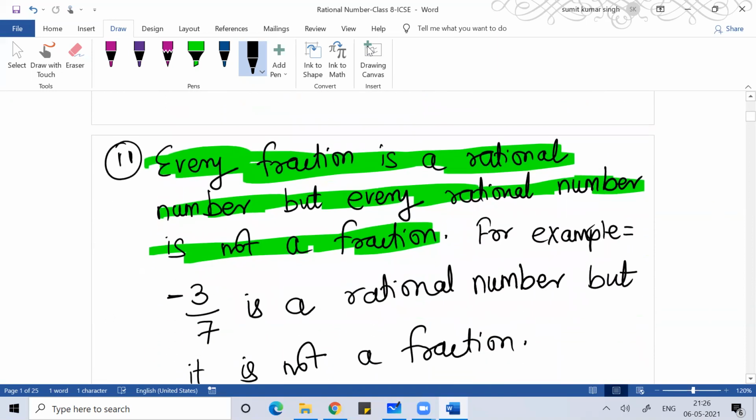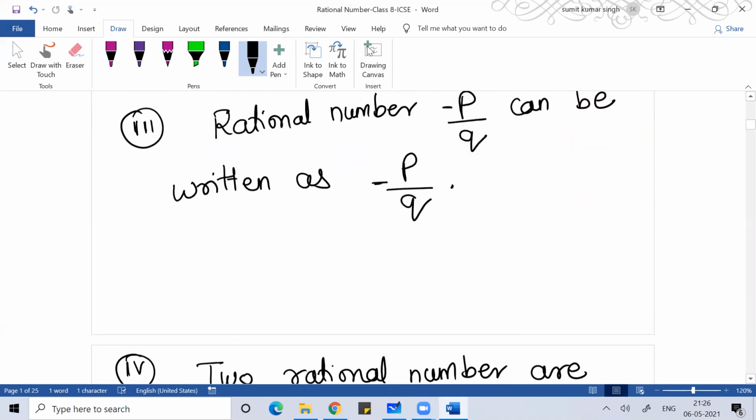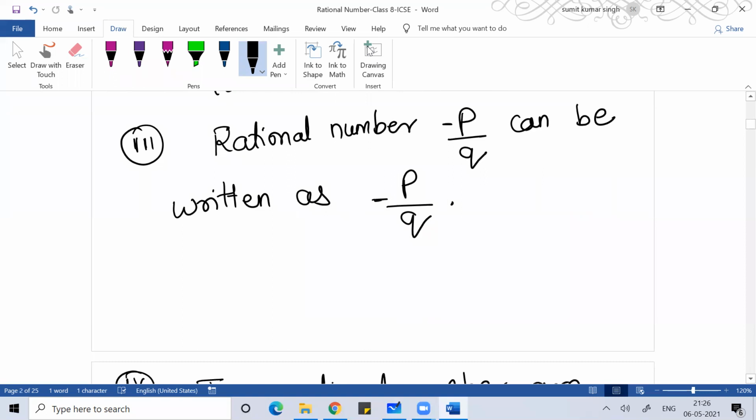Similarly, every fraction is a rational number, but every rational number is not a fraction. For example, minus 3 by 7 is a rational number, but it is not a fraction because minus 3 is not a natural number. So you can represent a rational number as minus p by q.